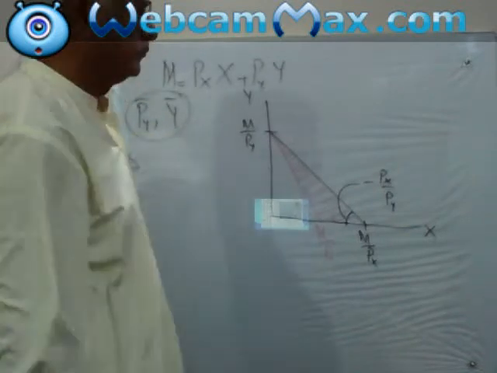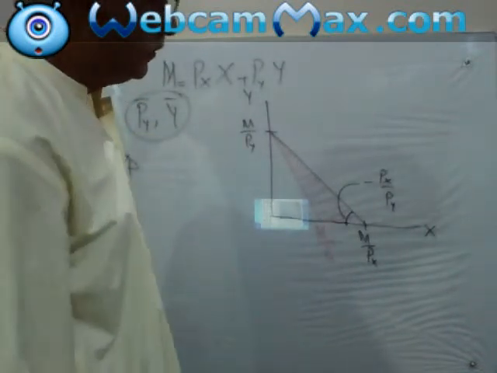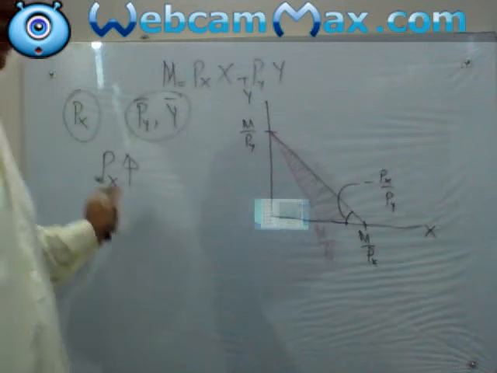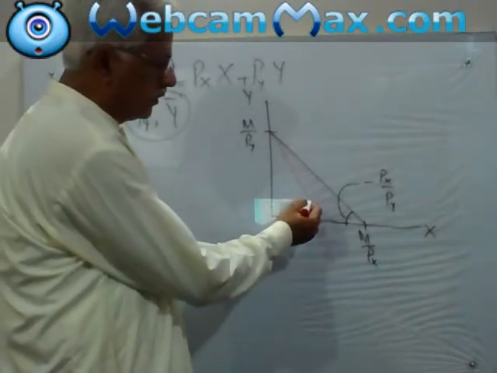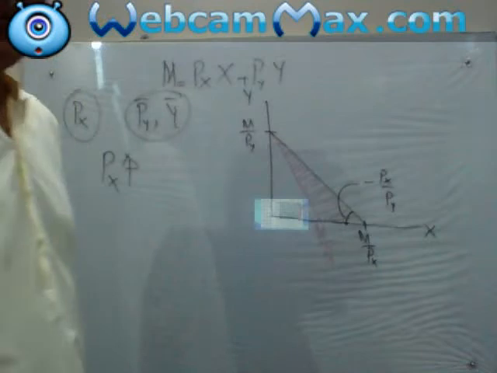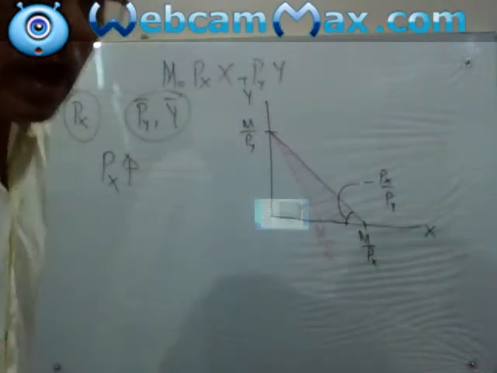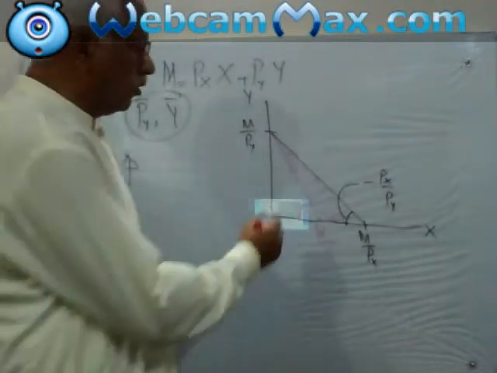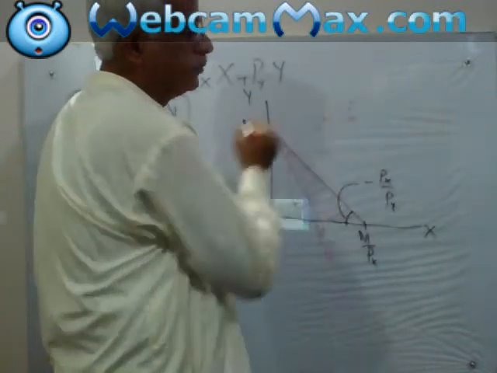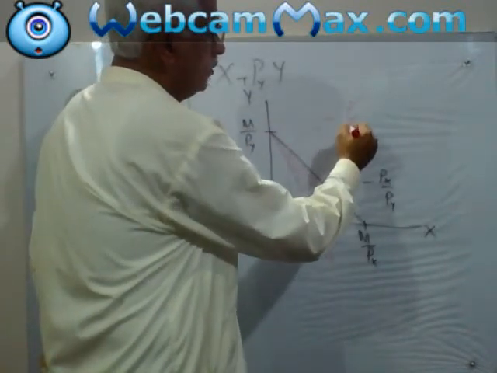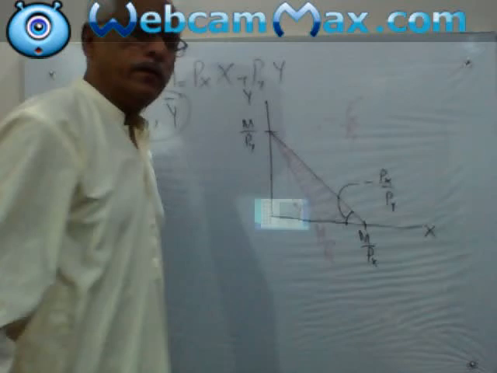The second thing is that when price of x rises, the slope of the budget line also changes, and this slope of the budget line is now px dash, the new price of x, divided by price of y.